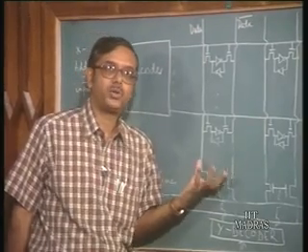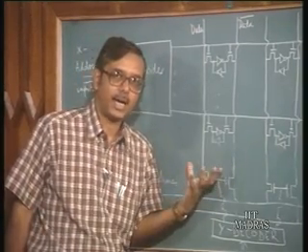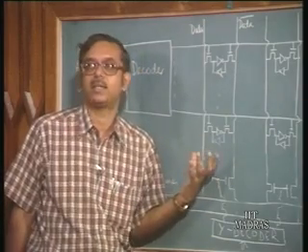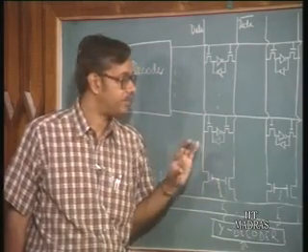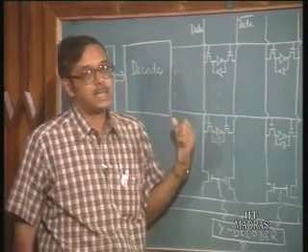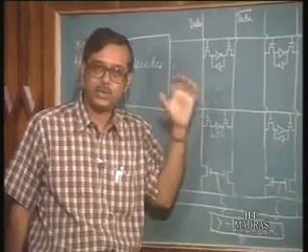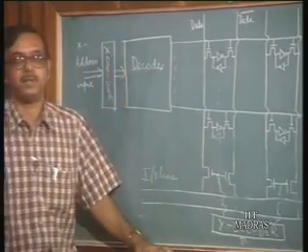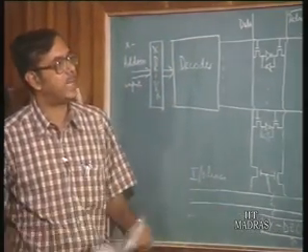So, we can afford to make these sense amplifiers quite large, so that the data lines can be charged and discharged at a faster rate. Instead of depending on the transistors in the cell to charge or discharge the data lines, we will use sense amplifiers to do so, and these can be made quite large.